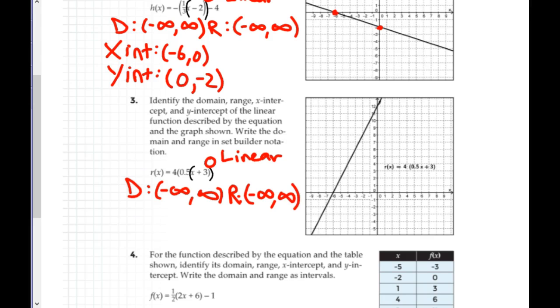X and y-intercept. Well, the x-intercept is on the x-axis, and then the y-intercept, (0, 12). Again, just look at the graph.